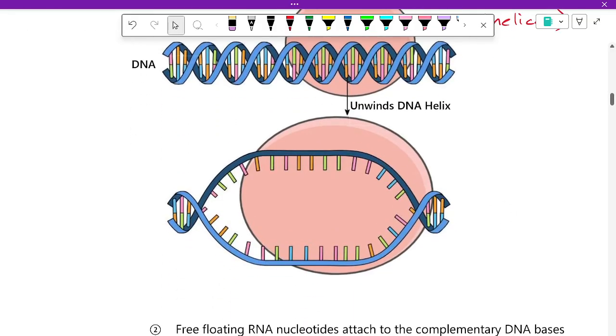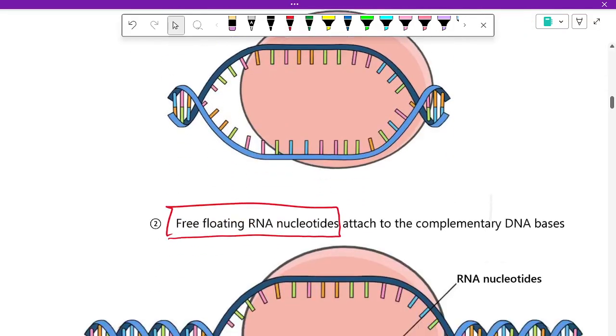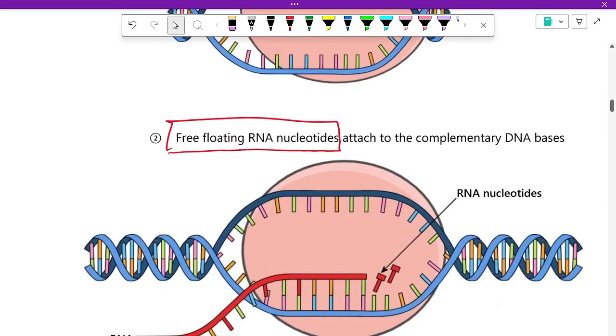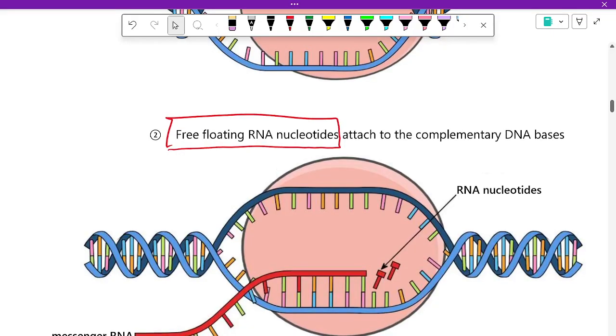Okay, and then free-floating nucleotides. So in the nucleus, there's free-floating RNA nucleotides. They attach themselves to the RNA. So you can see we've made some of the messenger RNA chain here, but there are now RNA nucleotides coming in, and this enzyme also helps those nucleotides attach.